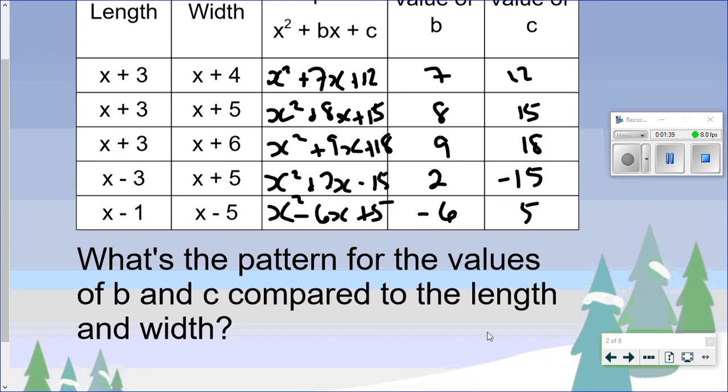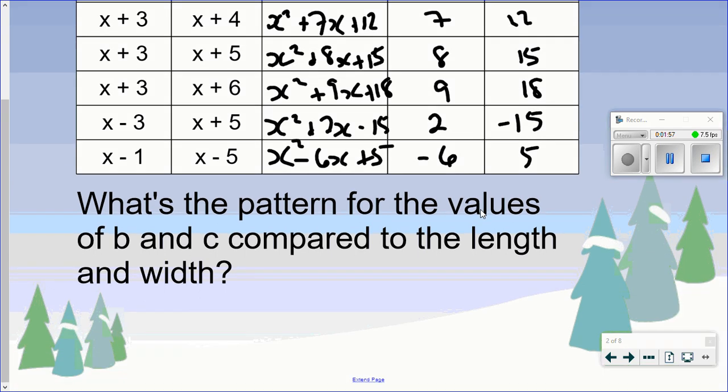So when you look at these, there's no pattern going from the top down, so don't concern yourself with that. However, if you look at the relationship of B to the expanded version, so once they're multiplied together, and the value of C when they're expanded, the two terms added together gives you B, and then the two numbers multiplied together give you C.